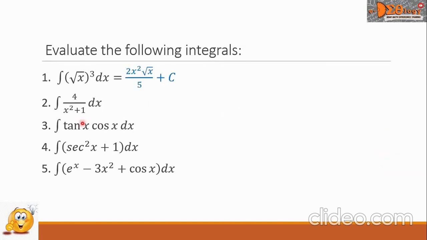Let's go now to problem number 2. The integral of 4 all over the quantity x squared plus 1 dx. In here, we're going to factor out the constant 4 or that numerator outside the integral sign. So we have now 4 times the integral of 1 all over x squared plus 1 dx.